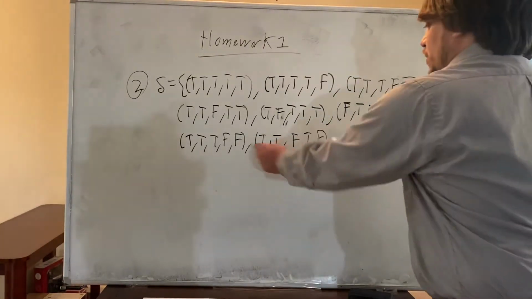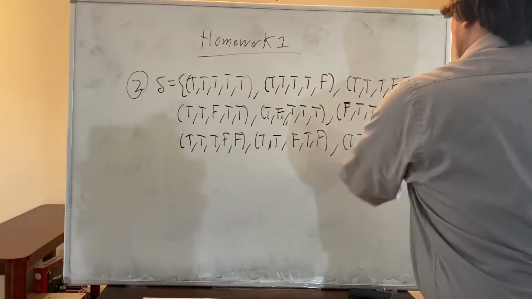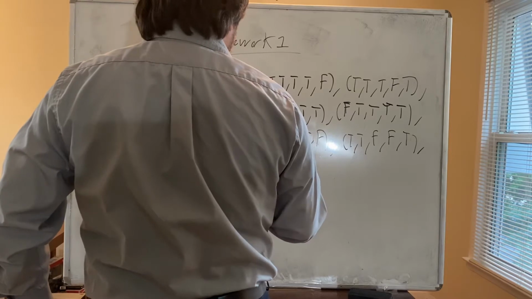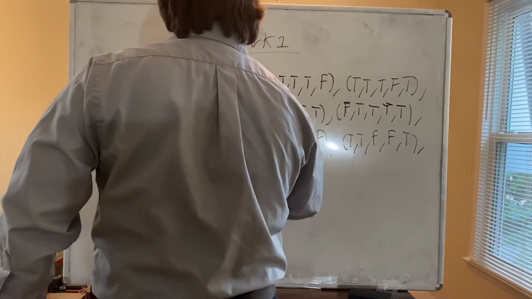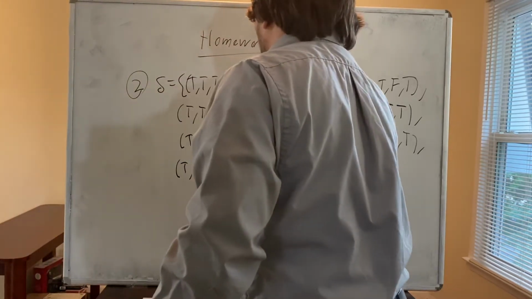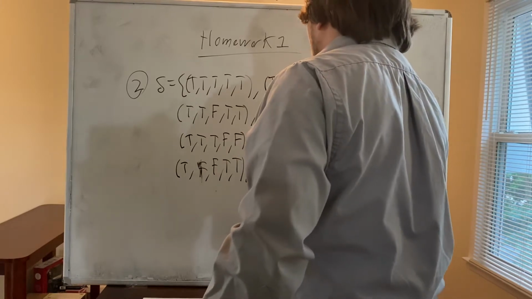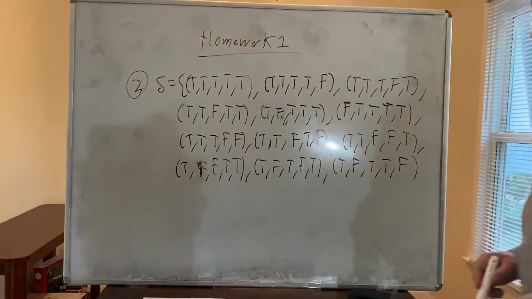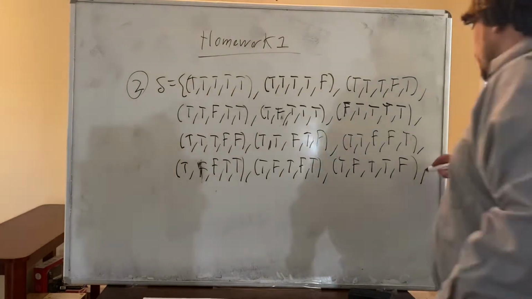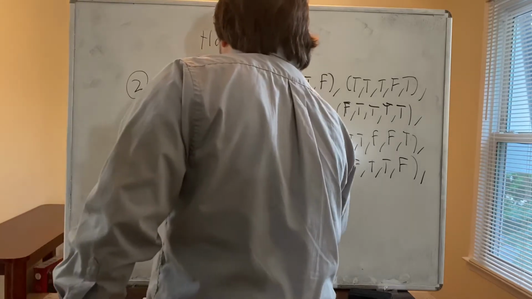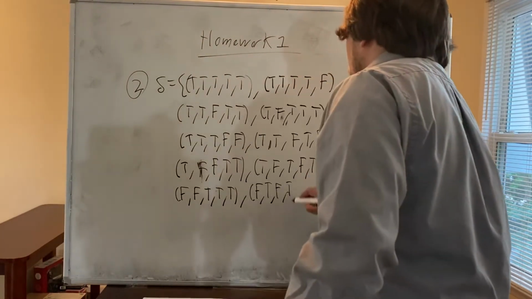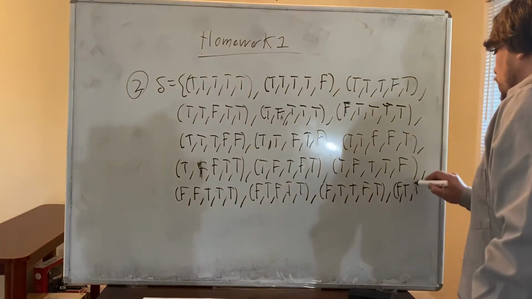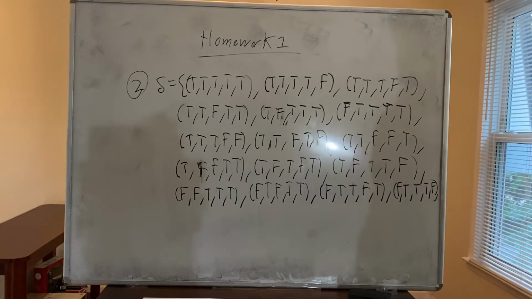So I'm doing the last 2 positions, then the last 3 positions, then the last 4 positions, and then starting with a false in the first position, and so on. So those are the 2 falses.